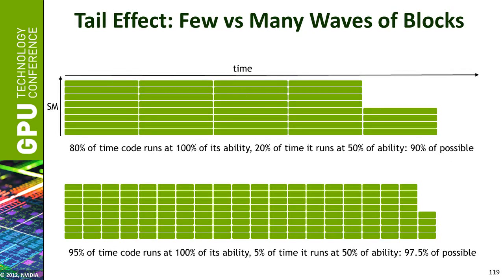But again, if you cannot launch 1,000 thread blocks or more for a given function call, you may still occupy the GPU by launching additional kernels to run at the same time and so forth. So concurrent kernels, CDP are supposed to help in these cases.